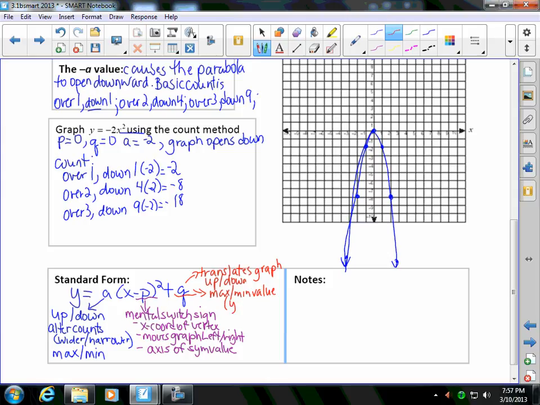That always is at y is equal to q. So our vertex is always at (p, q), and the axis of symmetry is always x equals p.